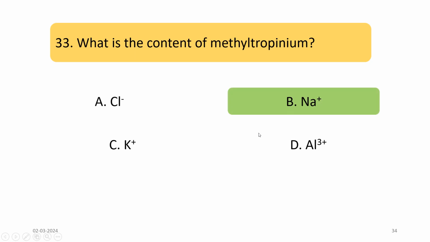The answer is Na+, sodium ion. So ZSM-58 is a zeolite which is made using methyl tropinium in a classic gel. Methyl tropinium is a classic gel which contains Na+. So the answer is Na+.